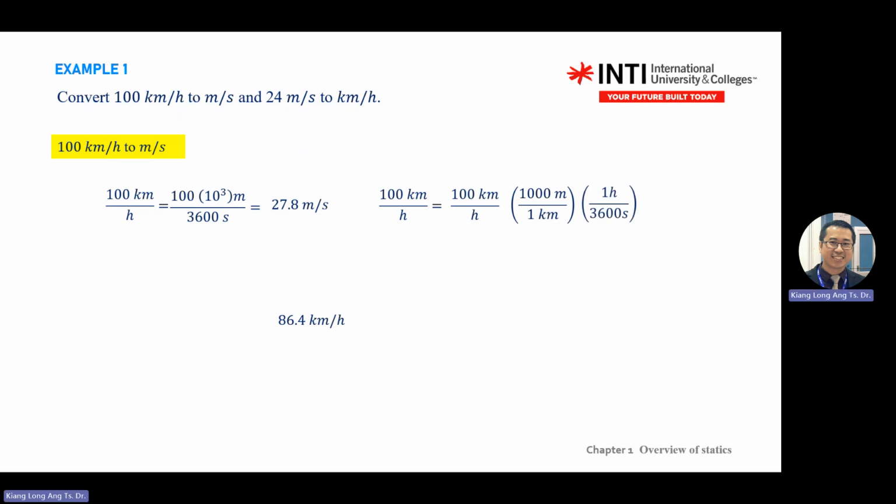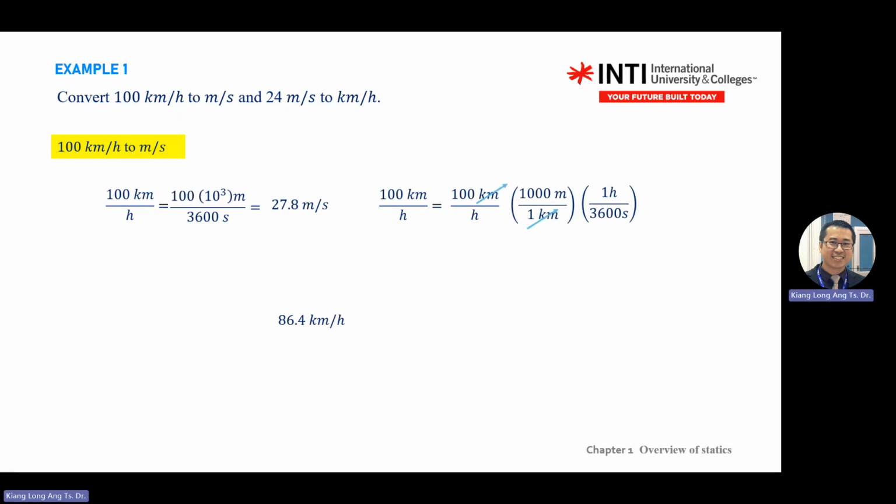So you convert 1 hour into 3600. This is how you write in mathematics. Okay, you want to convert kilometer into meter, means 1,000 over 1 kilometer. Want to convert hours, is 1 hour divided by 3600. If you're not good in this, straight away use prefix method. Both give you correct answer.